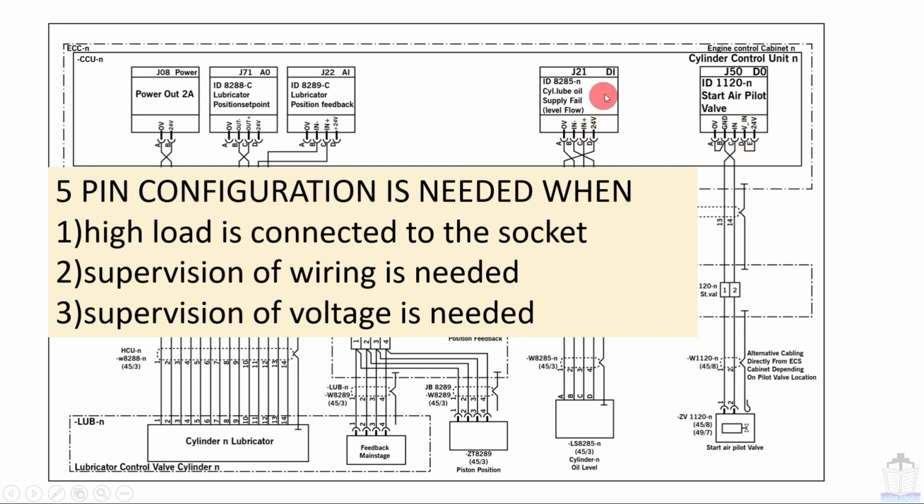Here you can see that 24 volt is coming straight from this channel, but here 24 volt is coming from outside. That means this channel is programmed in such a way that, for example, if voltage goes below 20, then you stop giving supply to this starter pilot valve. Got my point?